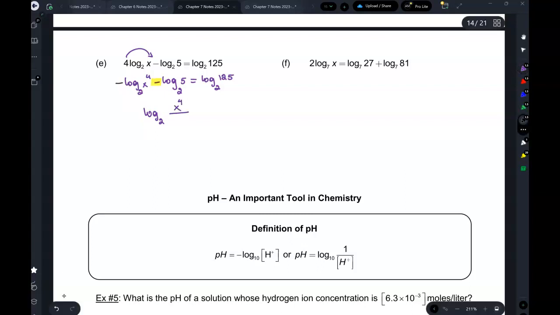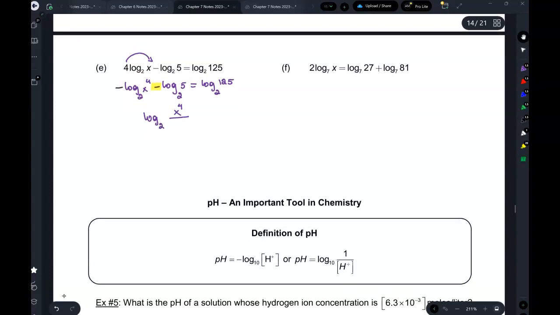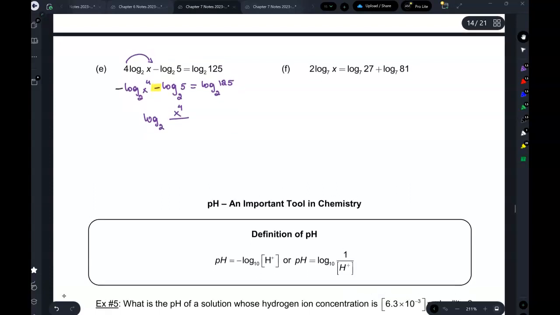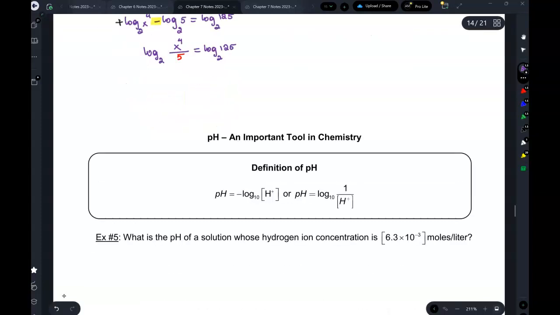Also because the sign for this one is positive, it'll be in the numerator. But the sign for this one is negative, so it'll be in the denominator, equal to log base 2 of 125.